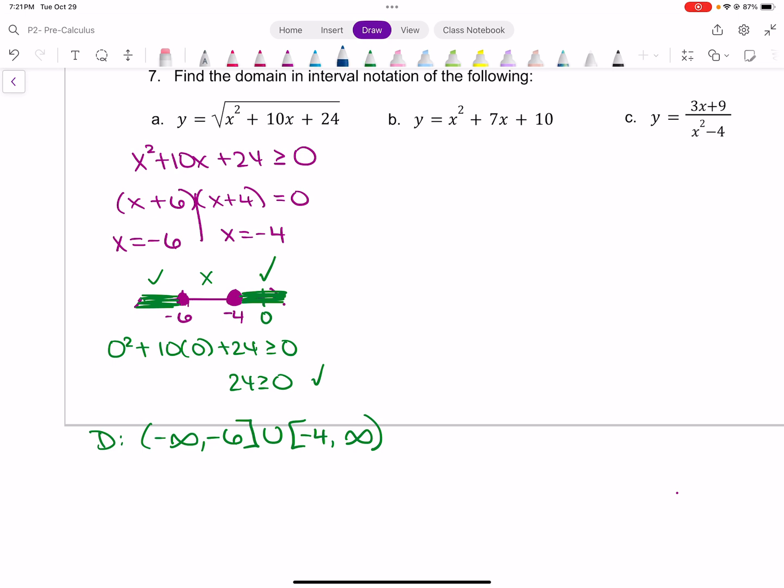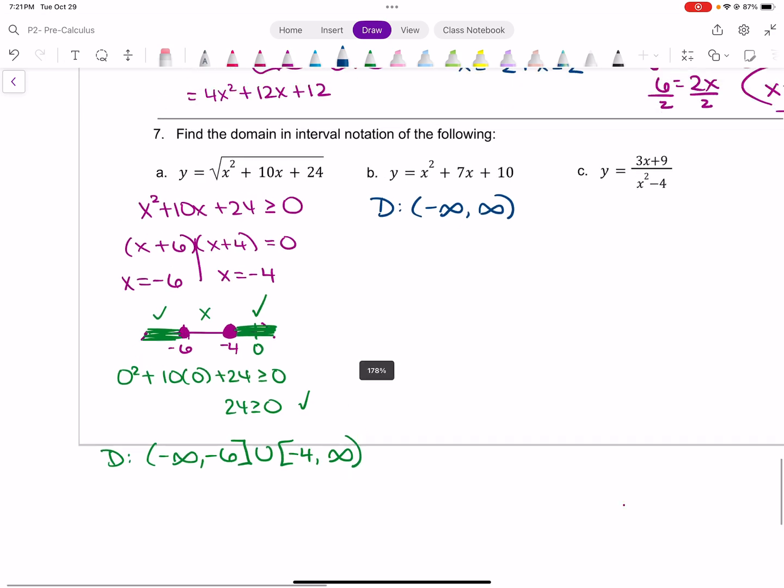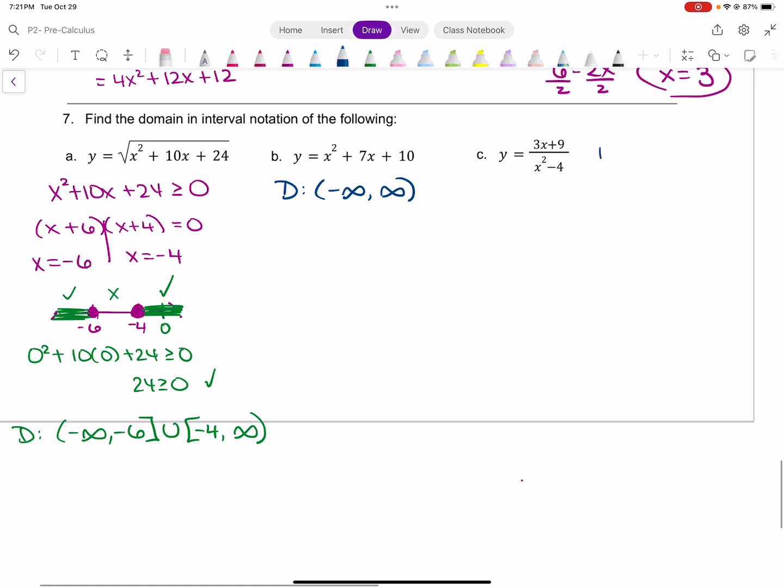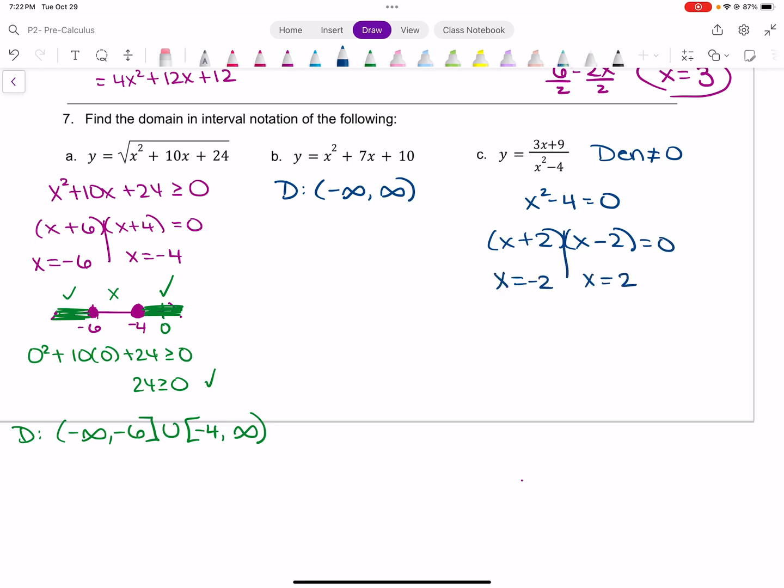For B, there is no radical, there is no fraction, there is no radical in a fraction. My domain is just -infinity to +infinity. For C, the fraction, remember your denominator cannot equal 0. So I need to see what numbers do make it equal 0. So this is an equation that we can solve. It is factorable. I get -2 and +2.